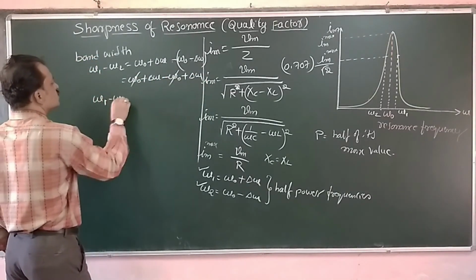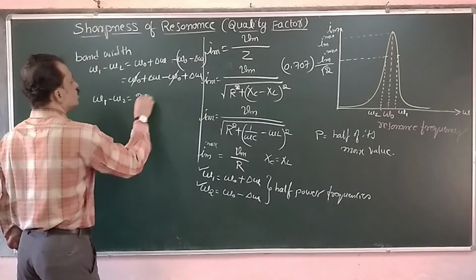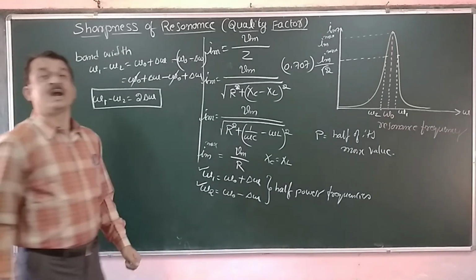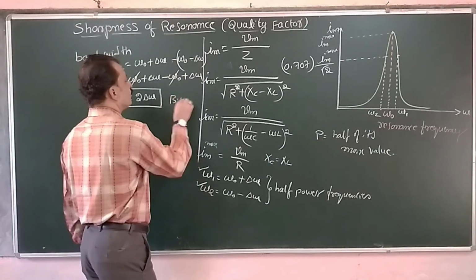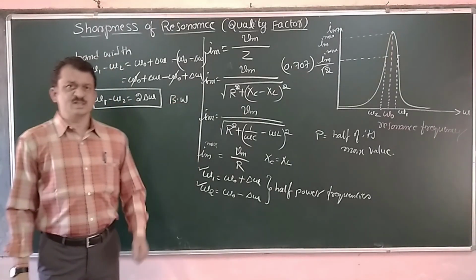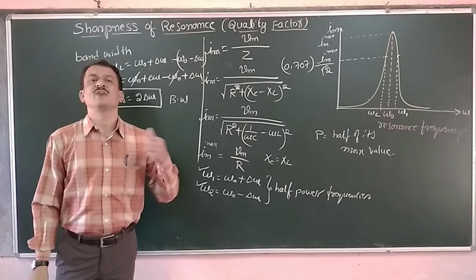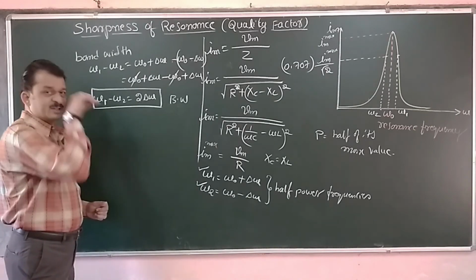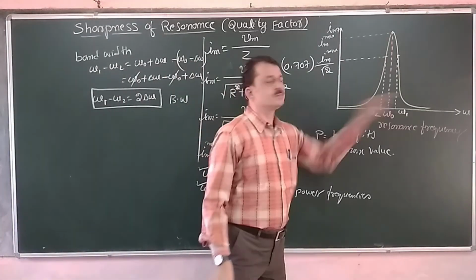Therefore, omega 1 minus omega 2 is equal to 2 delta omega, and this is called bandwidth. The range of frequencies for which the power dissipation is half of its maximum value is called bandwidth.